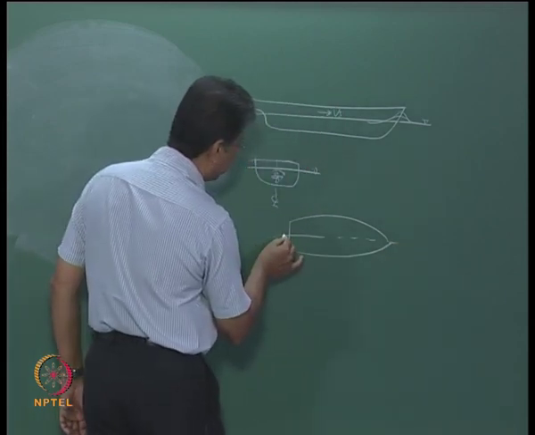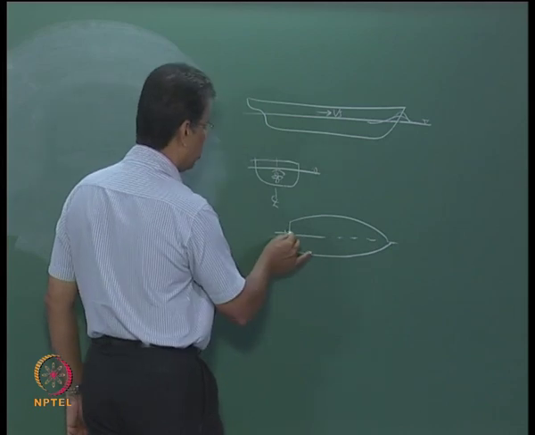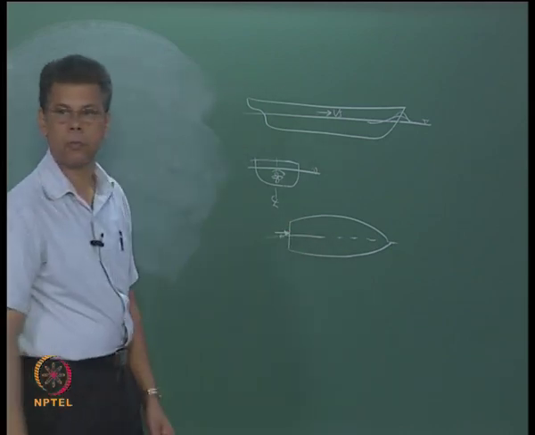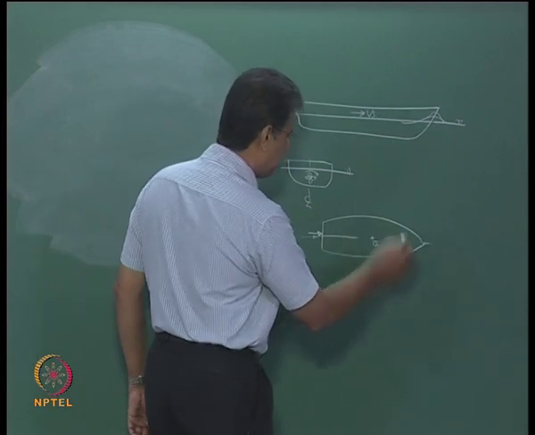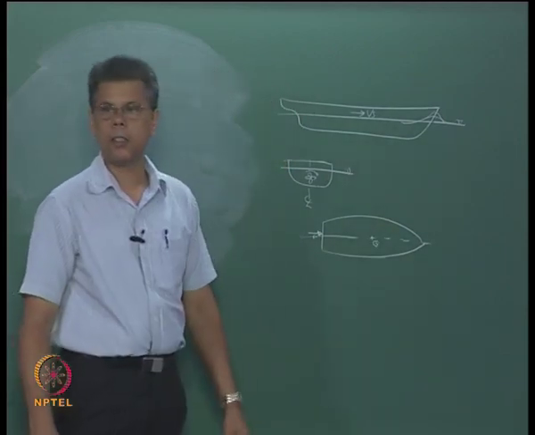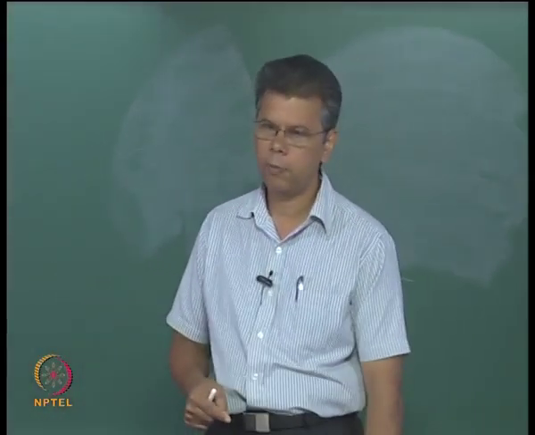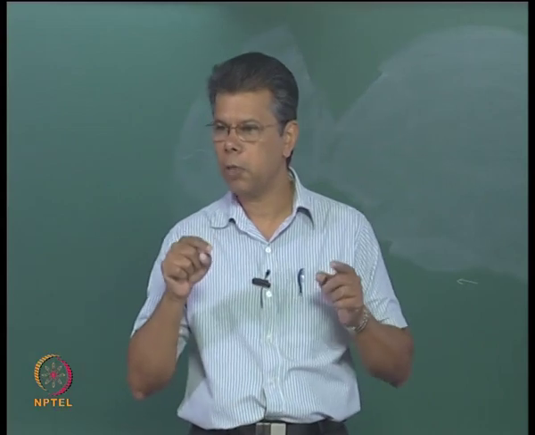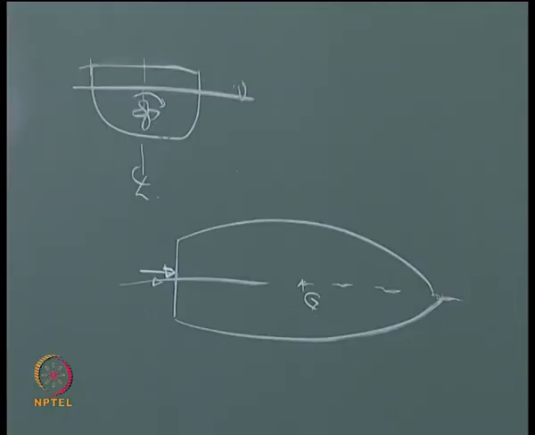Instead of the force acting in this direction, now the force is slightly off the center line. Suppose this is the force coming from the propeller, and the center of gravity is always at this side, take it as the center. So what happens? There will be a moment, isn't it? This force will result in the creation of a moment. What does that moment do? It will turn the ship.